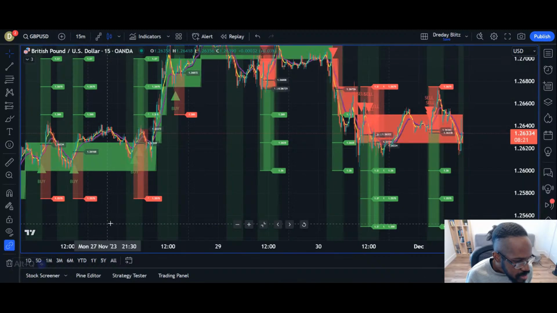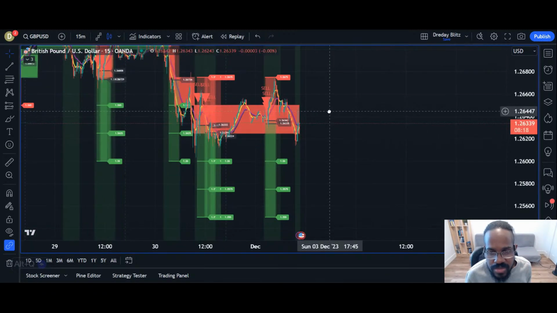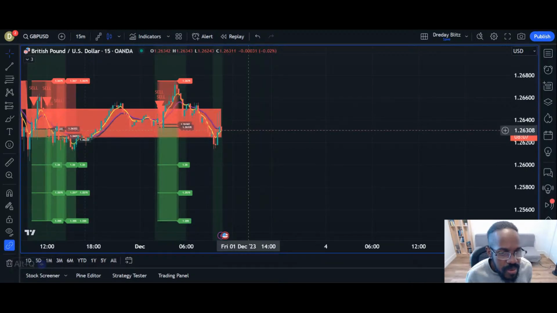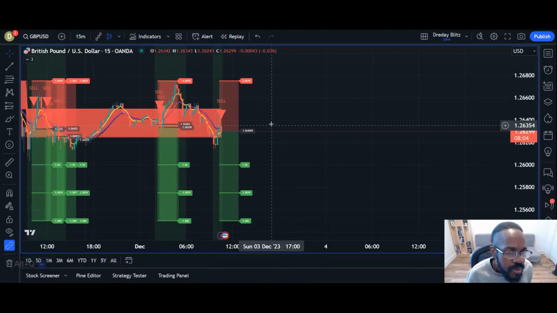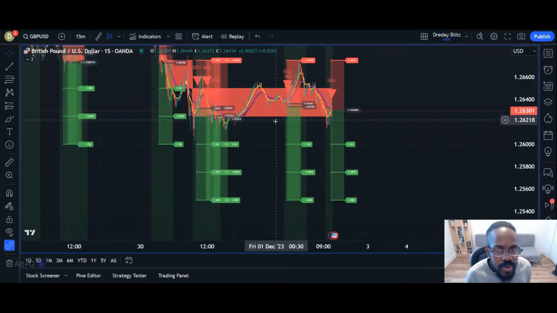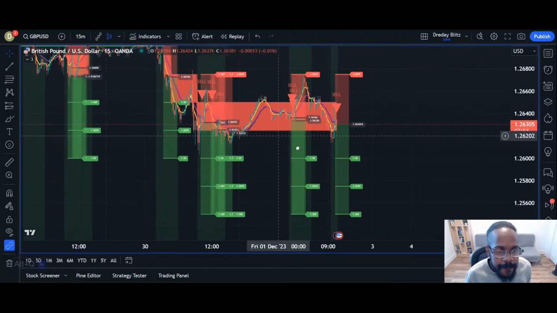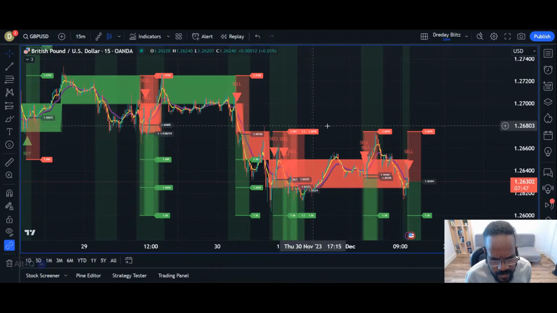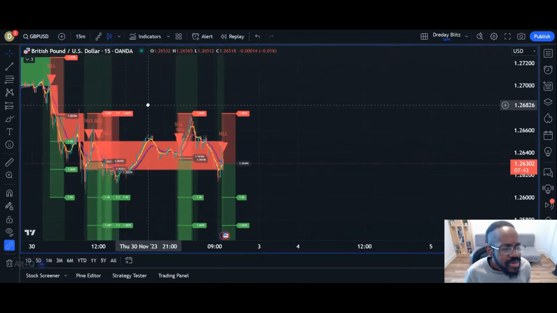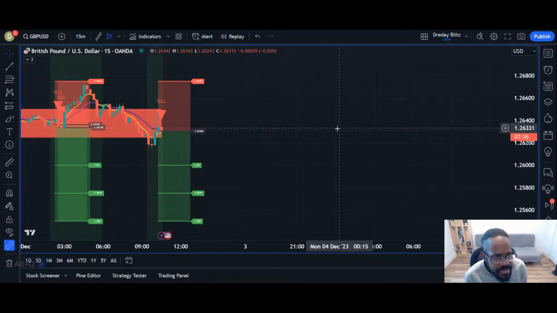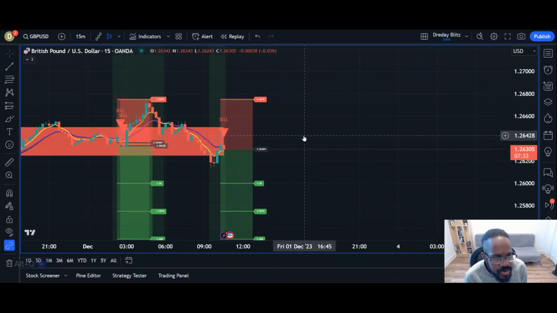Let's look at the GU. GU is giving us a sell, but it may start to reverse here.